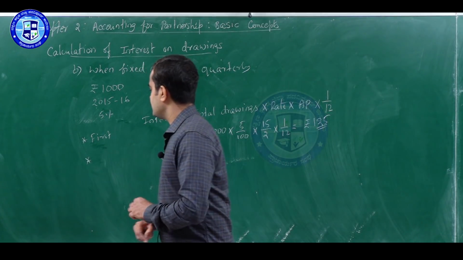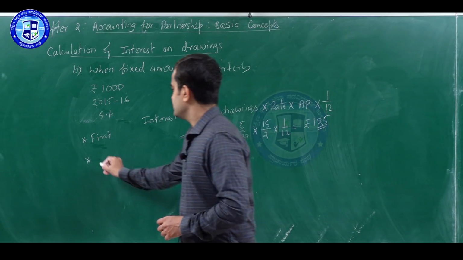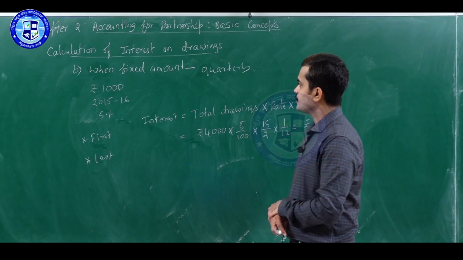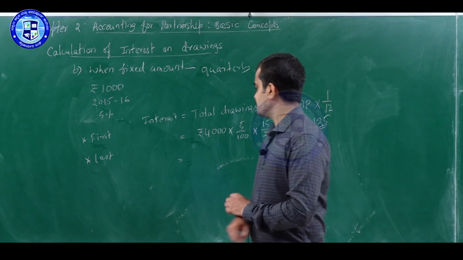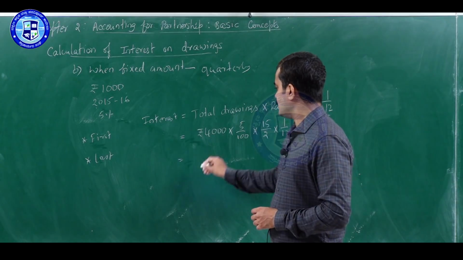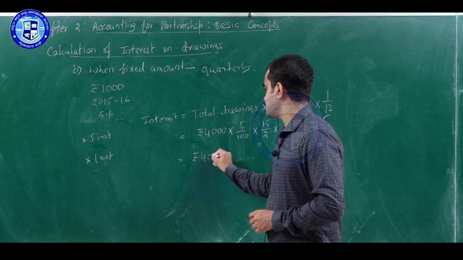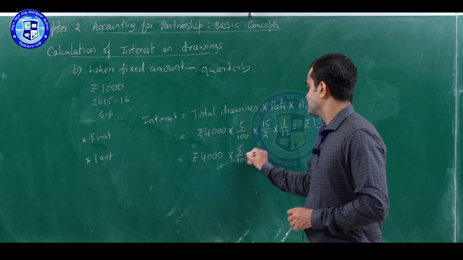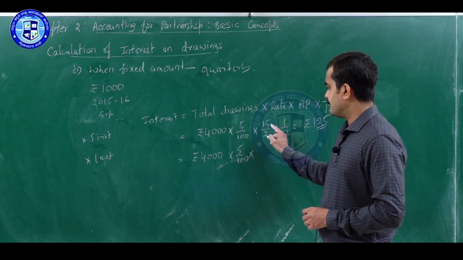Suppose withdrawal is made on the last day of every quarter, then interest will be the total drawings, the same rupees 4000, every quarter rupees 1000, into rate of interest 5/100 into average period.